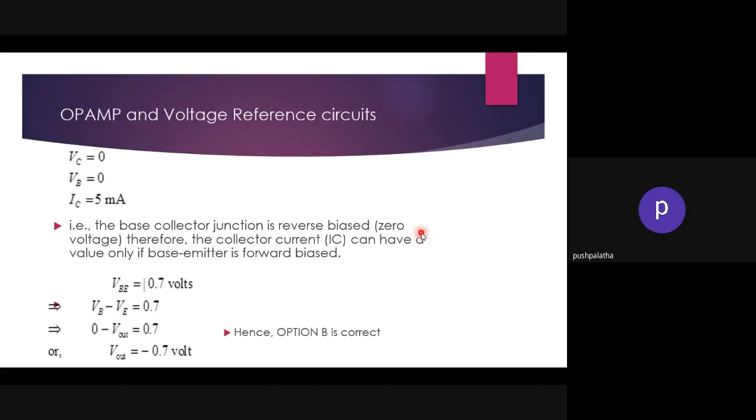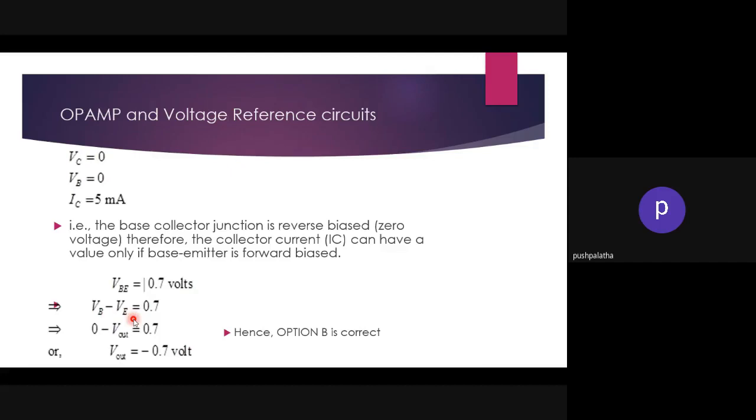Therefore, the collector current IC can have a value only if the base-emitter is forward biased. What we need to find is the output, which is connected to VE, that is, to the emitter. So VB minus VE equals 0.7 volt.